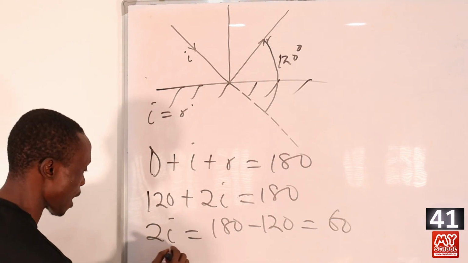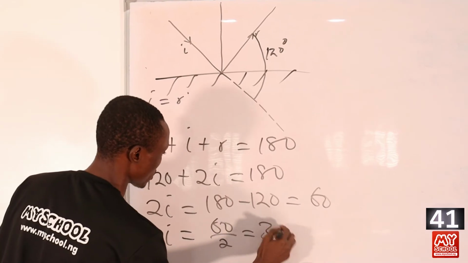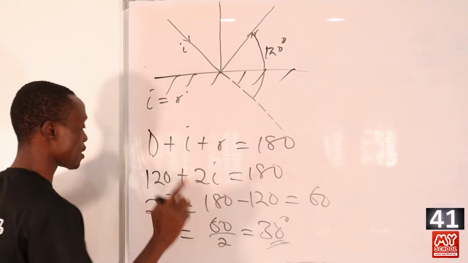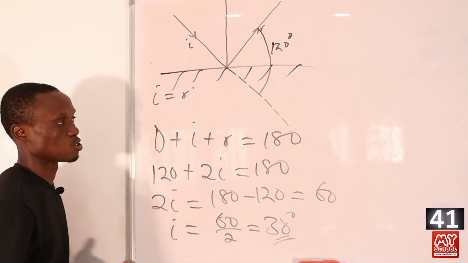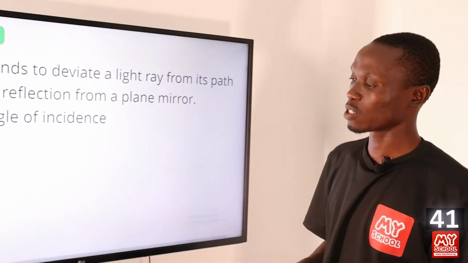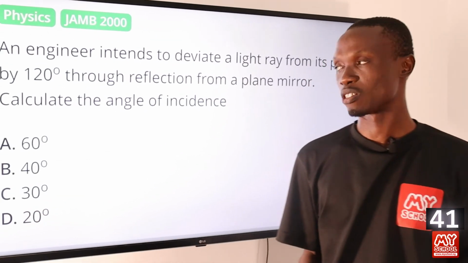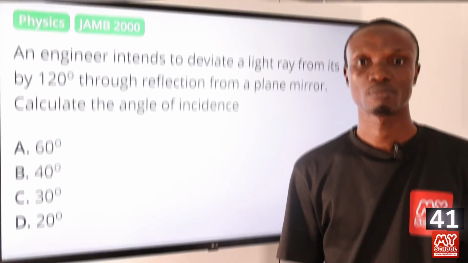So i is equal to 60 divided by 2, and that will be equal to 30 degrees. Remember that our i here represents the angle of incidence. Let's return to the screen to pick the correct answer. That will be option C, 30 degrees. So the angle of incidence is equal to 30 degrees, option C.